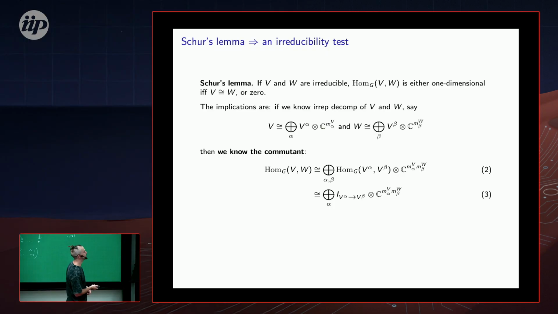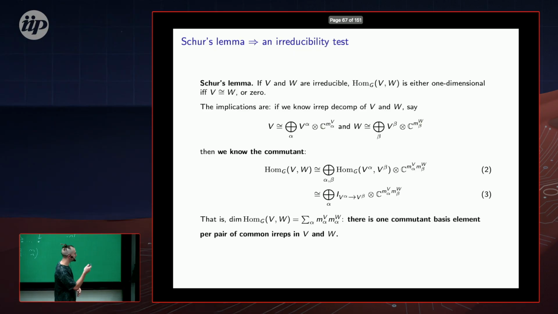So basically, this is saying that for each irrep that is written here, now take the dimension, and you get the sum over alpha of M alpha V times M alpha W. There is one element in the commutant per pair of irreps alpha in V and in W. Again, I said it in the beginning: the only way to map G-invariantly between G modules is to connect irreps with irreps.